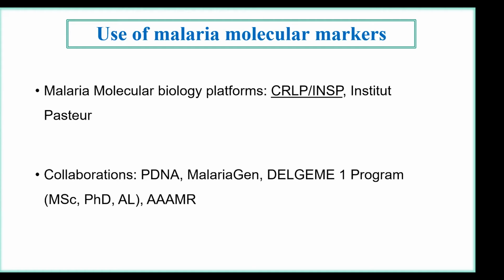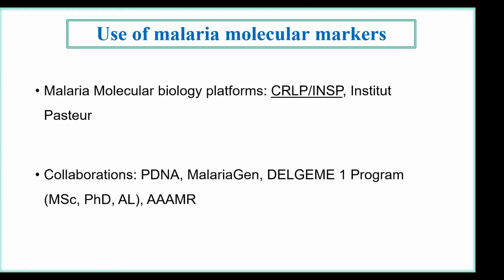These studies for molecular markers are done mainly on 2 platforms. Our lab is based in the Centre de Recherche et de Lutte contre le Paludisme, the Malaria Research and Control Center in the National Institute of Public Health, and the second molecular biology platform for malaria molecular tests is based in Institut Pasteur.